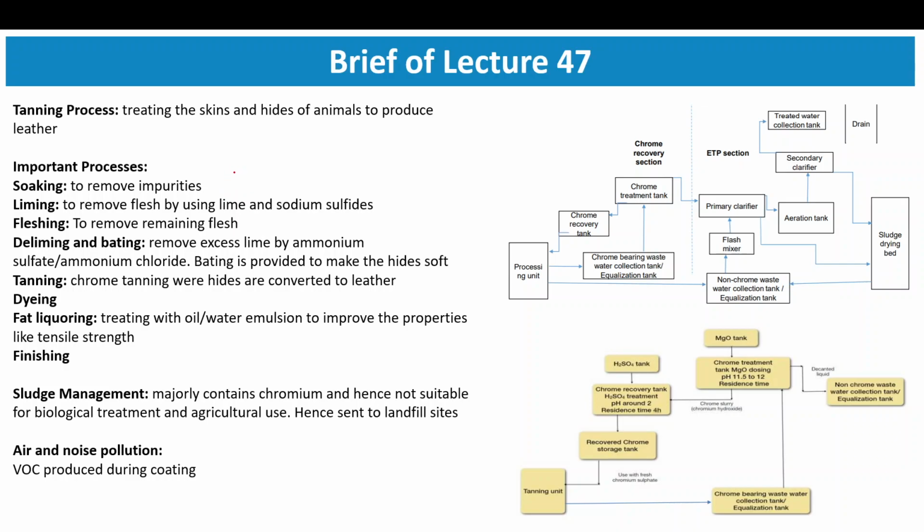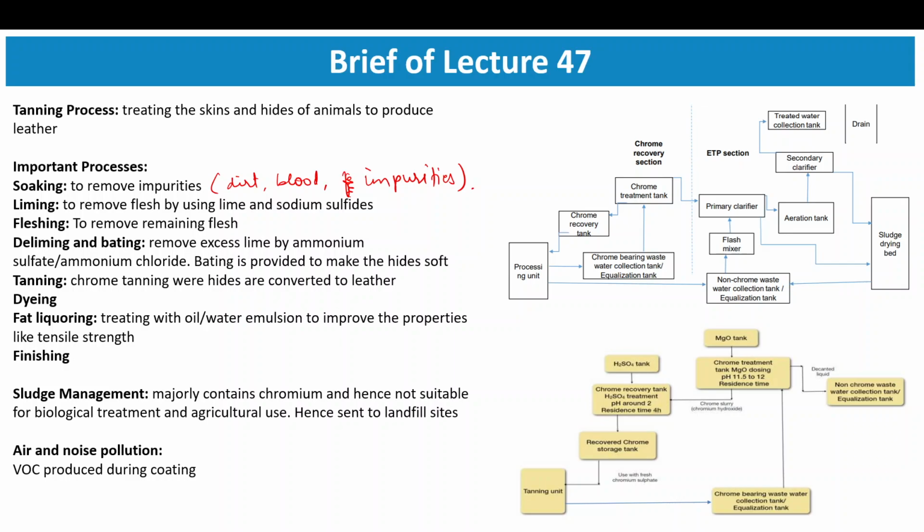So firstly, you soak it to remove all the impurities, which are in the form of dirt, blood, or some other impurities. All those are removed by soaking. Now, the next step is to remove the flesh, by adding lime and sodium sulfides. This results in the removal of flesh.